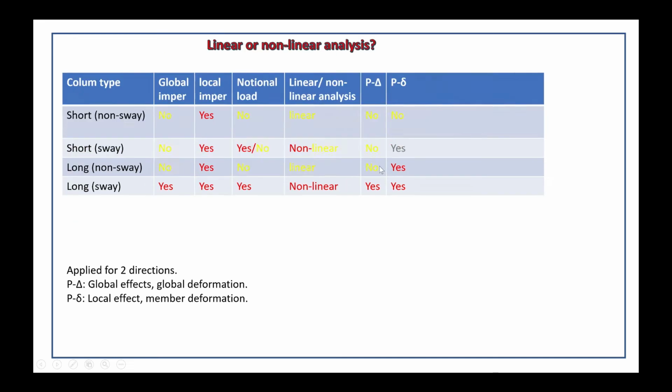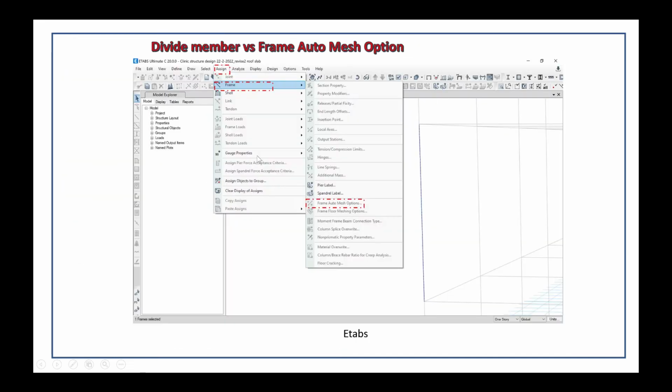To apply the option, don't forget to use the option. Okay, you activate big P-delta and small P-delta, and apply with the automatic option to assign small members. Okay, it's the same as dividing it into small members in a column. You can divide it into 20 or 30 segments in one column, but instead of using the option to divide, you can use the frame automatic option.